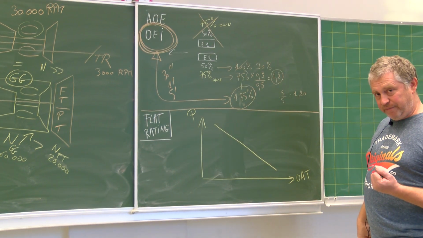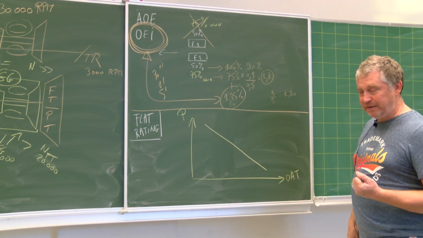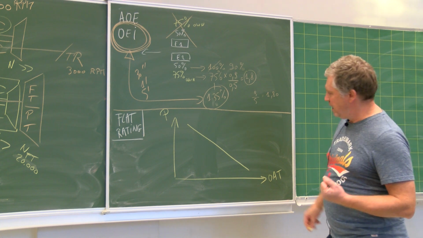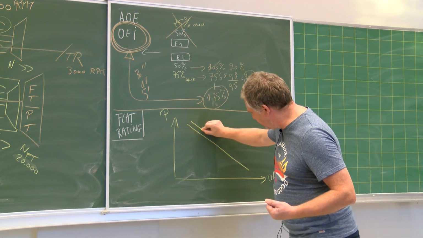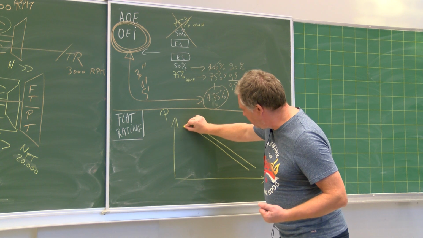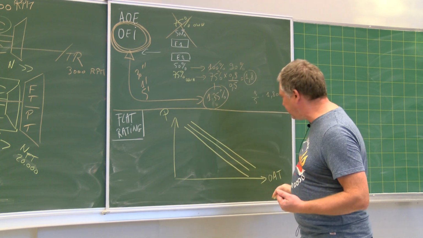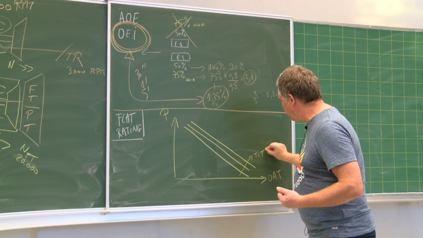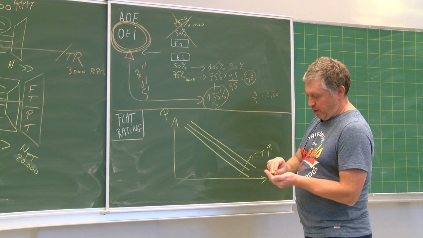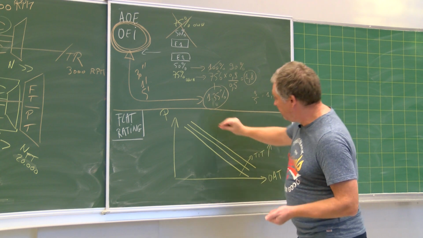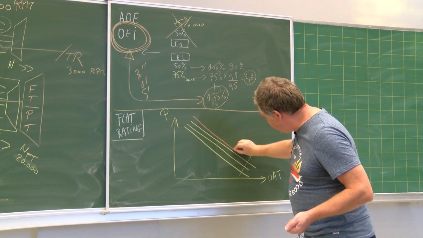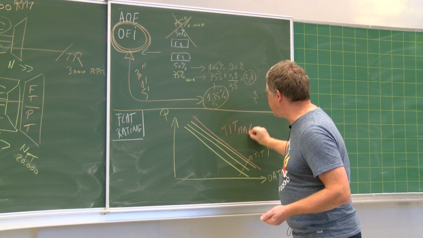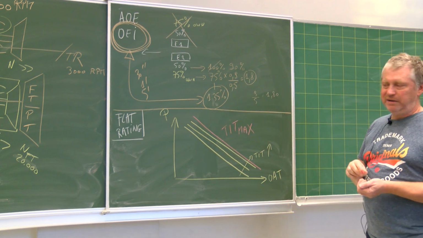This curve, I have explained, is also a function of the TIT. That means I have different curves, like this one, for different values of the TIT increasing in this direction, with certainly the curve of the TIT max that is somewhere existing.